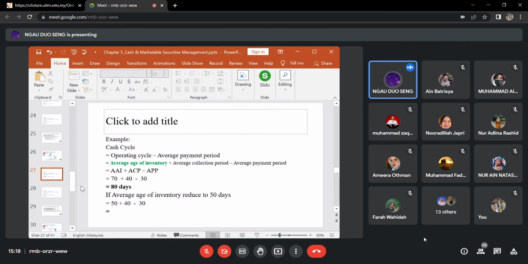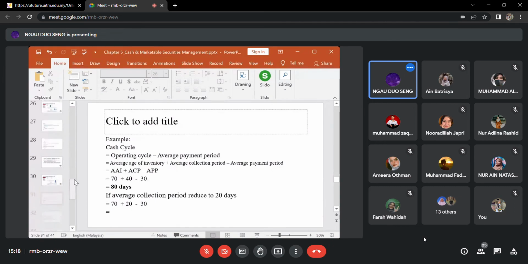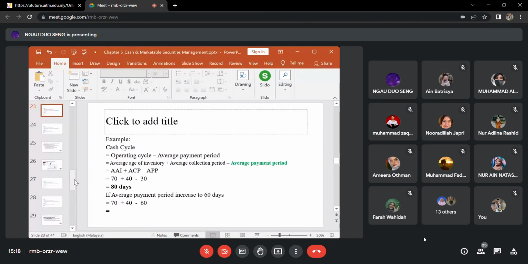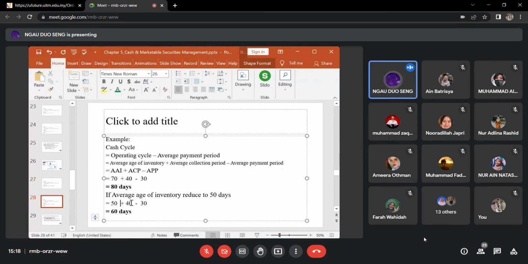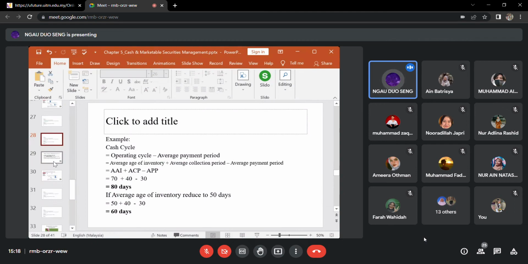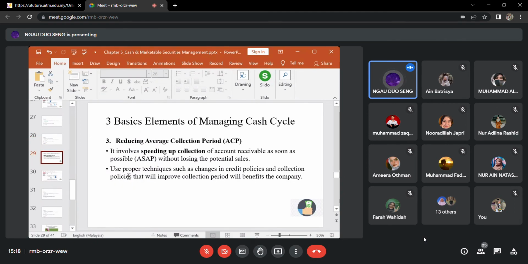Simple maths, nobody wants to answer. 60. Alright, so it is 60 days. Meaning again, you have reduced the period of borrowing money. So this one will reduce your cost.